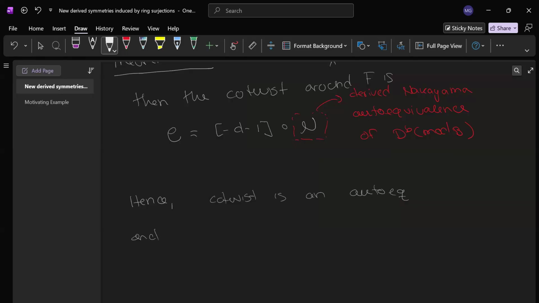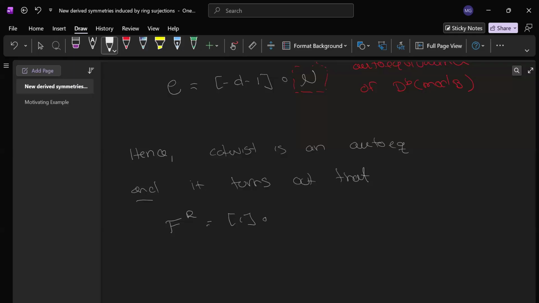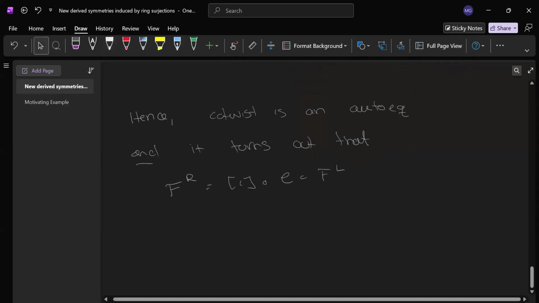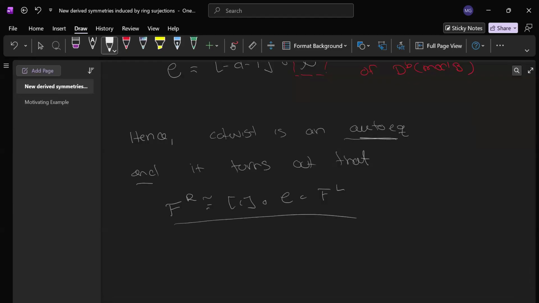And it turns out that we can write F_R as a shift of the functor C composed with F_L. So if you remember, these are the two assumptions, the autoequivalence and this sort of natural isomorphism here.